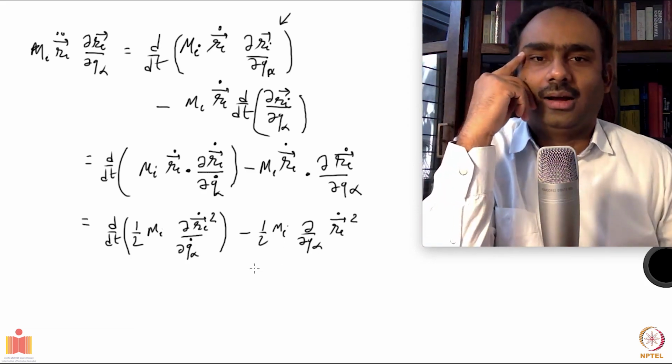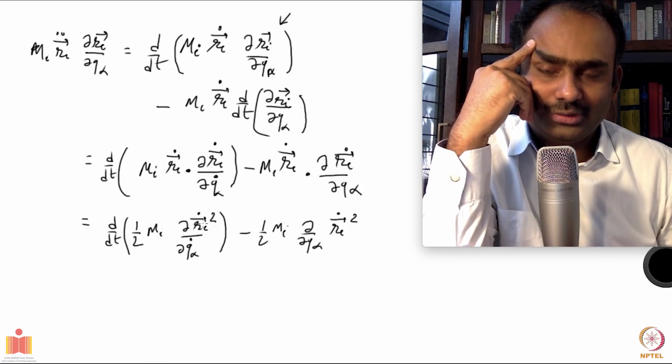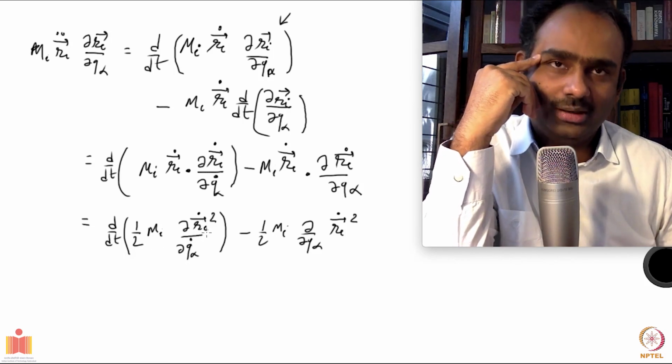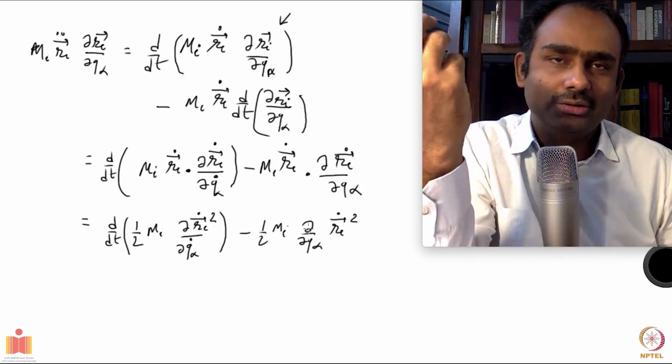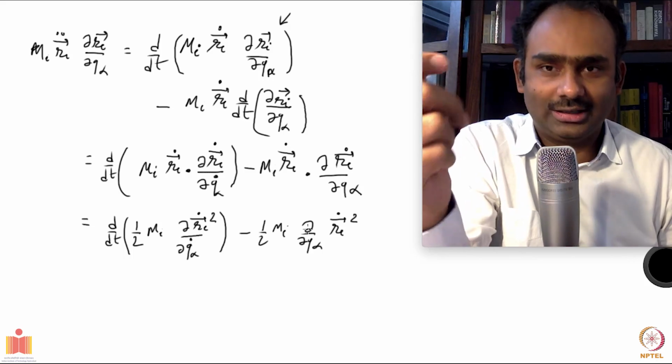Okay, now these half mi pieces, I can put them next to the ri dot squares, same in both. And you know that half m ri dot square is the kinetic energy of the ith particle.